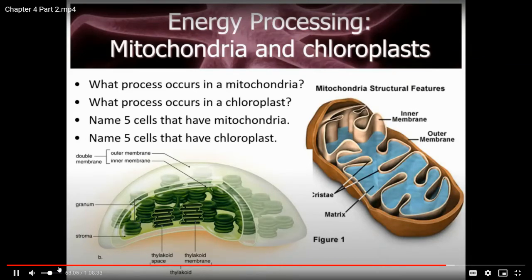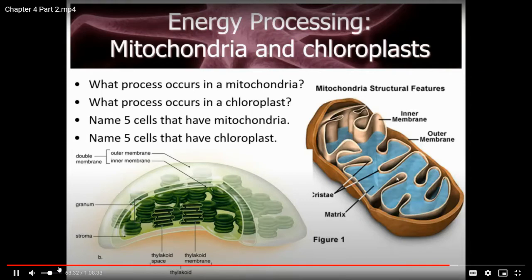No, because a mitochondria is a membrane-bound organelle. So do all eukaryotic cells have a mitochondria? Yes, right? But only autotrophs have the chloroplast. All right, so plants and algae have chloroplast. Do photosynthetic bacteria have a chloroplast? No, right? Because they don't have organelles.